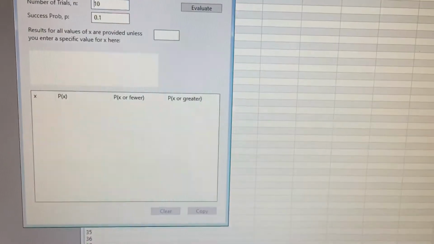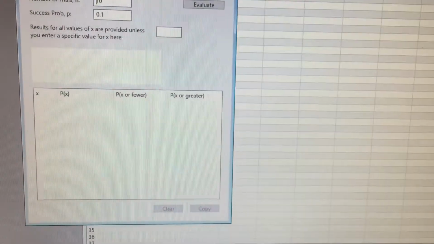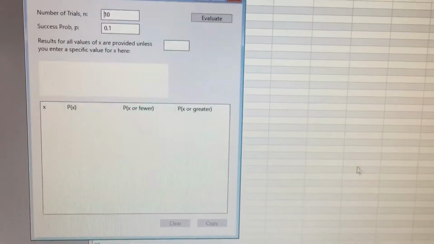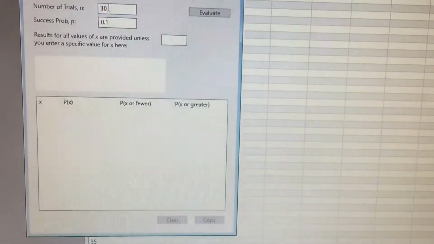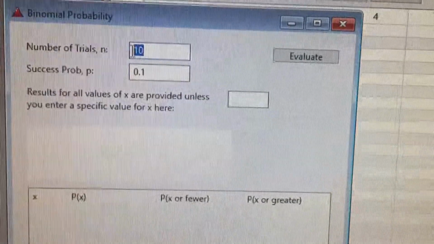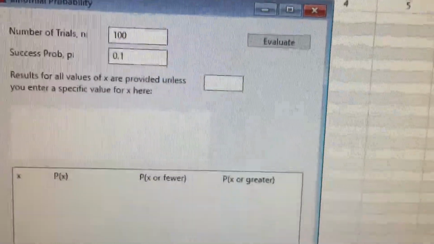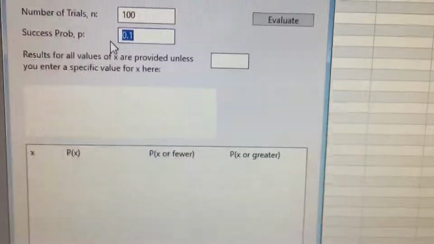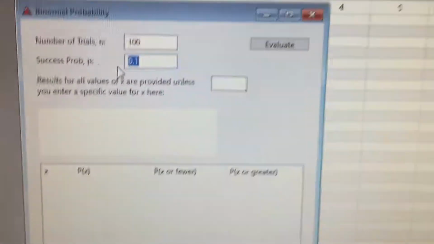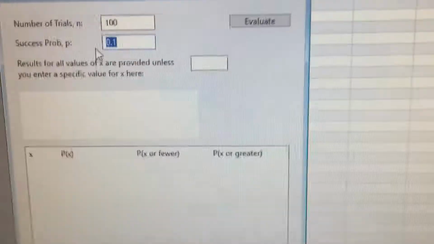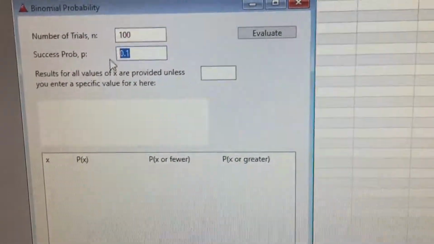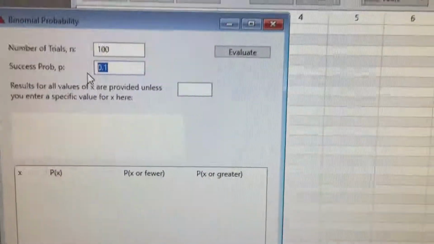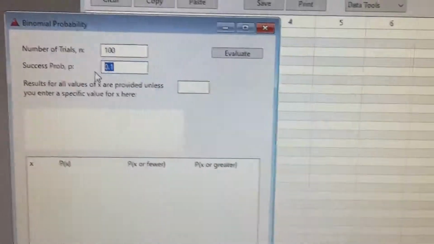Okay, so we're talking about 100 births here, so your N is going to be 100. So up here where you have number of children, you'll type in 100. The probability of success. Now, the probability of getting a boy in that particular problem was 0.4964.